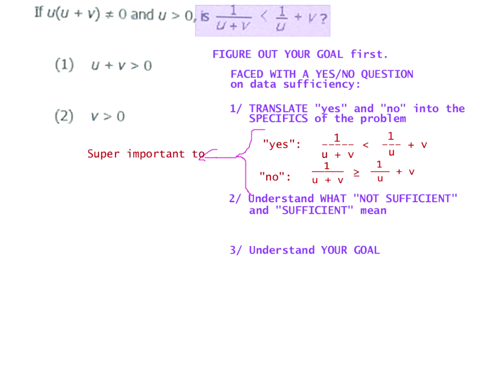So it's super important to translate like this, because yes and no can't emerge from math work. But these things can. These can be direct results of the work that you do. So the point is this is concrete, yes and no or not.